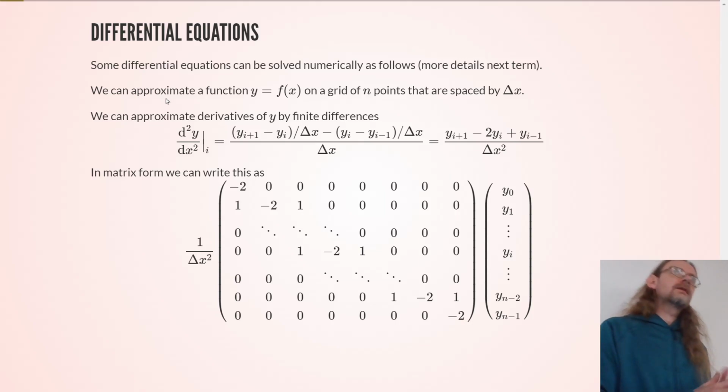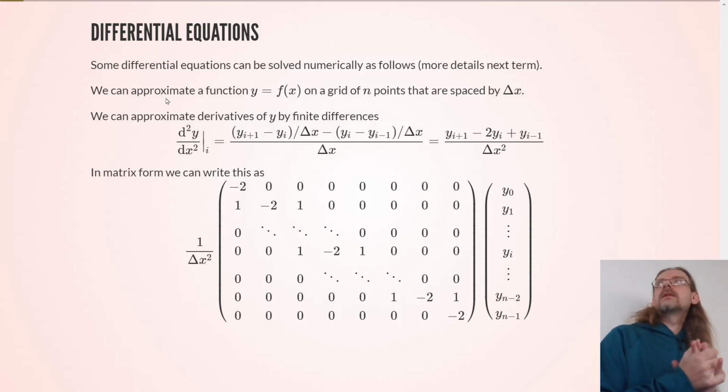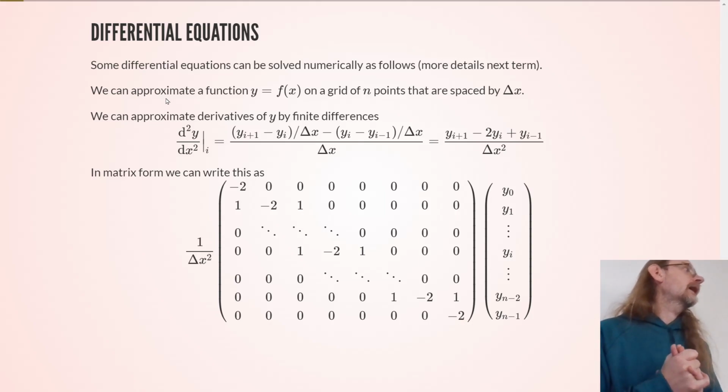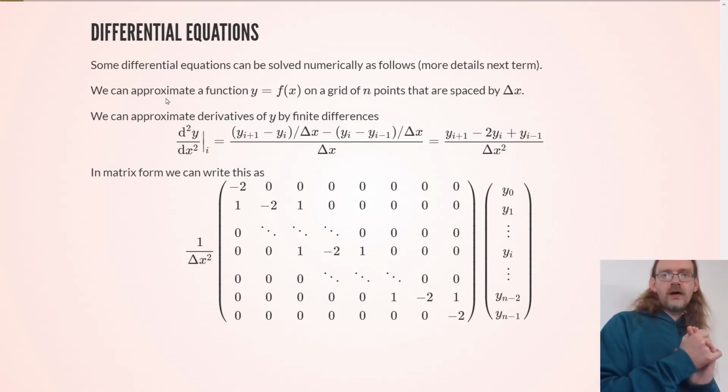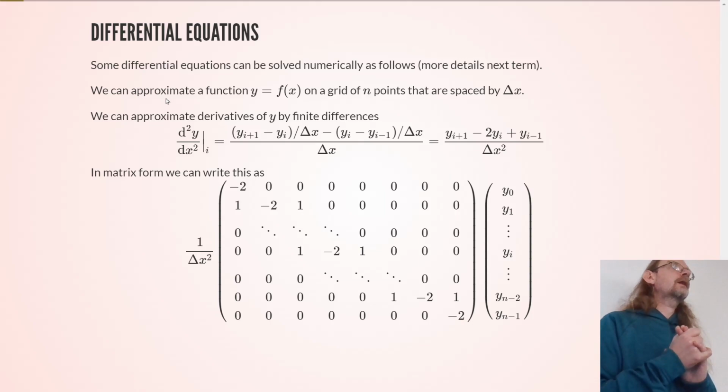So, maybe from a week or two ago, going back to calculus in year one, the idea that you can approximate a derivative at some point by the values of the function near the point of interest.